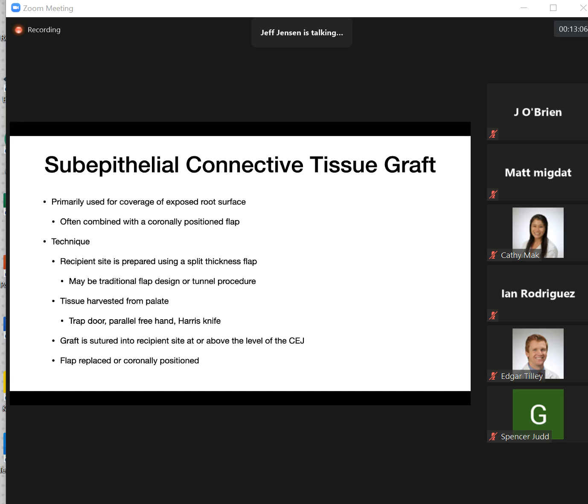Is it fibrotic scar tissue that grows back, or normal epithelium? It'll grow back normal. You can actually go back and harvest more connective tissue after about 8 weeks from the same spot. Hopefully you don't need to, but you can.